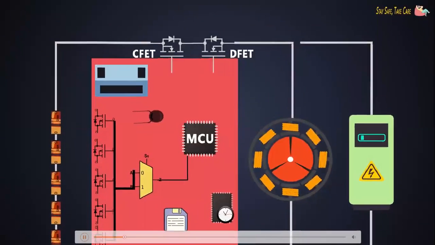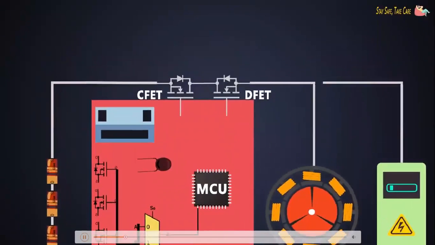These FETs can be configured so that there is a single connection to the charger and load. In our case, the motor controller, and generally the first configuration is used for charging, where just one bus is controlled. Initially both MOSFETs are turned off.